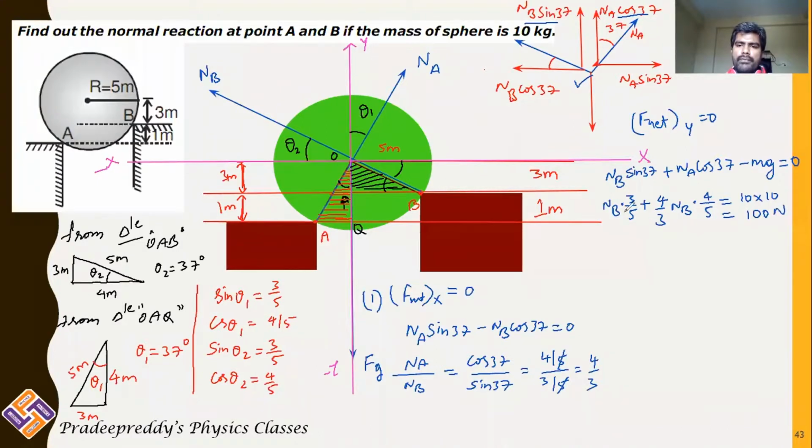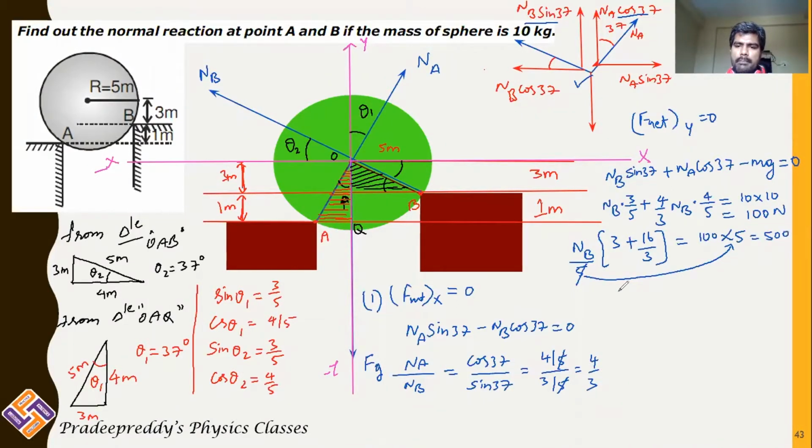Okay. Now from here NB by 5 you can take common, remaining will be 3 plus 16 by 3 is equal to 100. Okay, and this 5 you can cut it here and multiply that 5 here. It is 500.